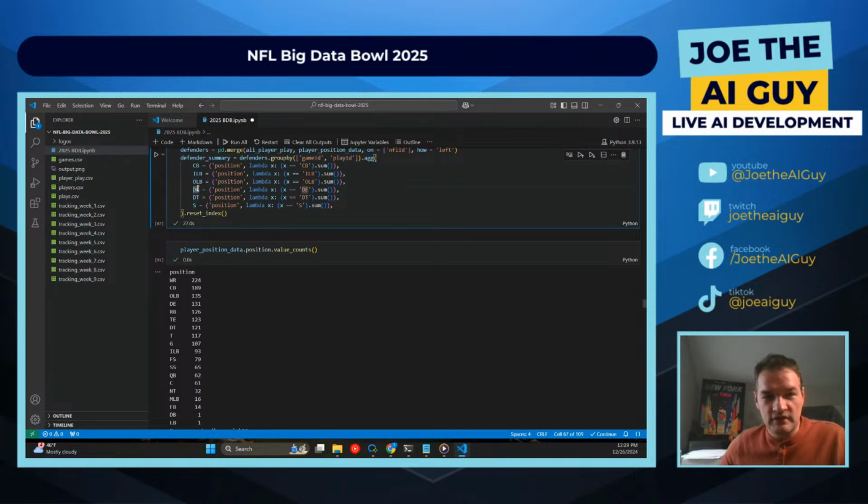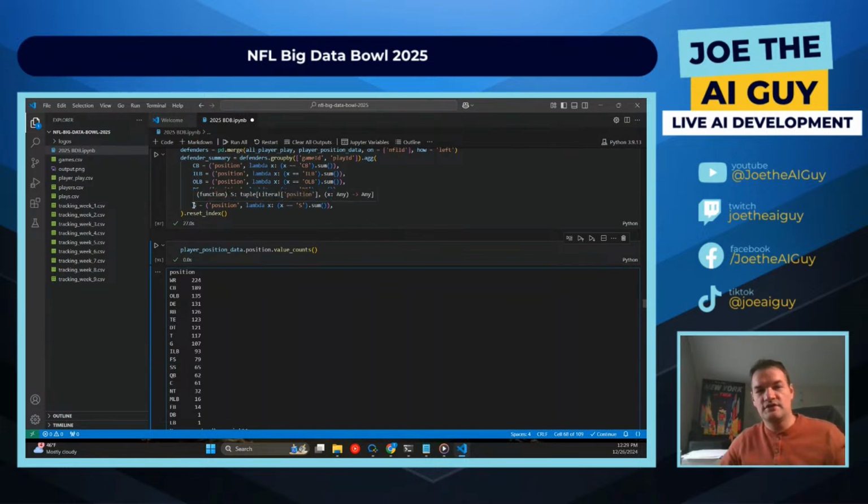We've got the defensive line should be taken care of. The linebackers, we see cornerbacks, but then there are two types of safeties here as well. So we've got the free safety and the strong safety.